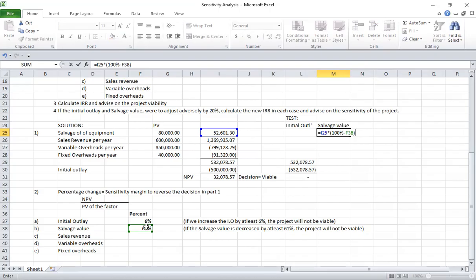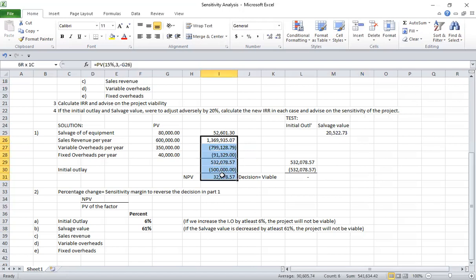What we get is about 2522.73. Now, please remember, everything else in the rest of the information remains the same. Everything else, you don't change them.